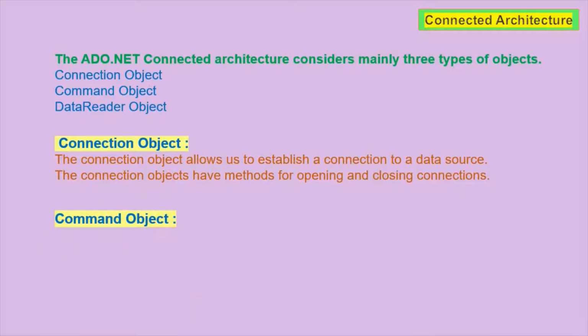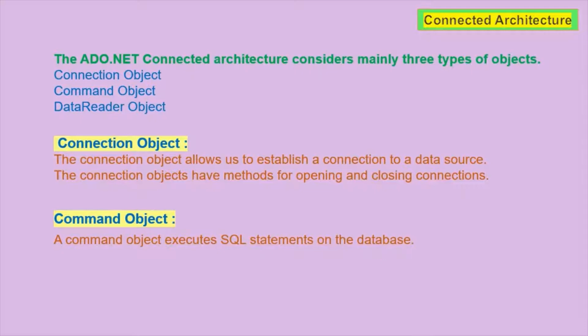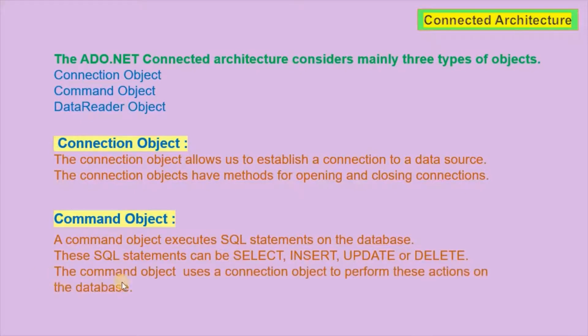Command object. A command object executes SQL statements on the database. These SQL statements can be select, insert, update, or delete. The command object uses a connection object to perform these actions on the database.